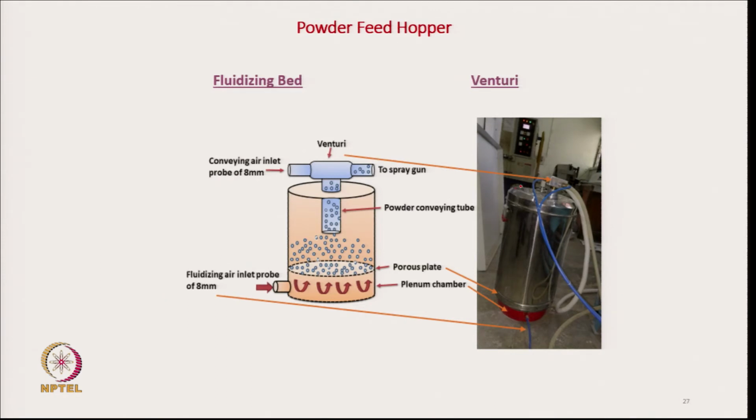Now, the powder feed hopper consists of a fluidizing bed and venturi.